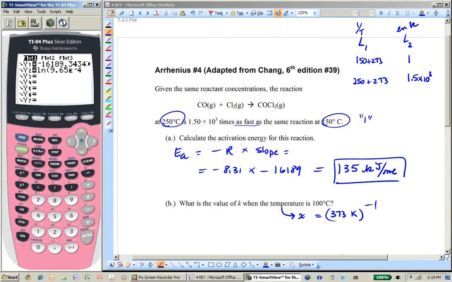So leave that one alone. And I'm going to take this out. Clear. Okay, so now if I go zoom 9, there we go. Go figure, a perfect straight line through 2 points. Okay, so now I go second trace, and I know what x is. It's 373, but don't forget to take the reciprocal.